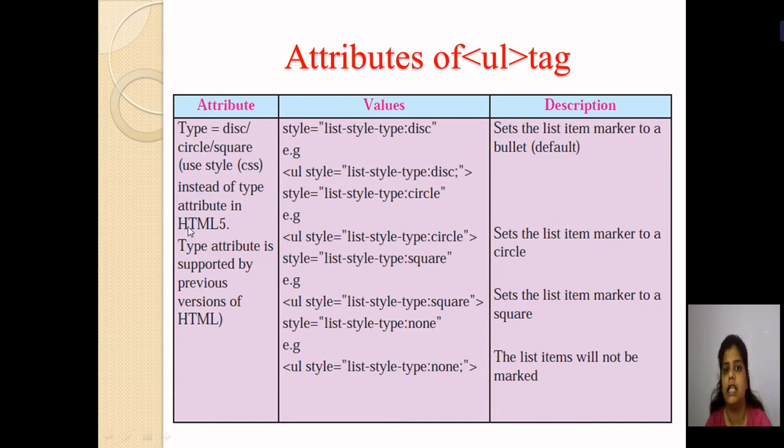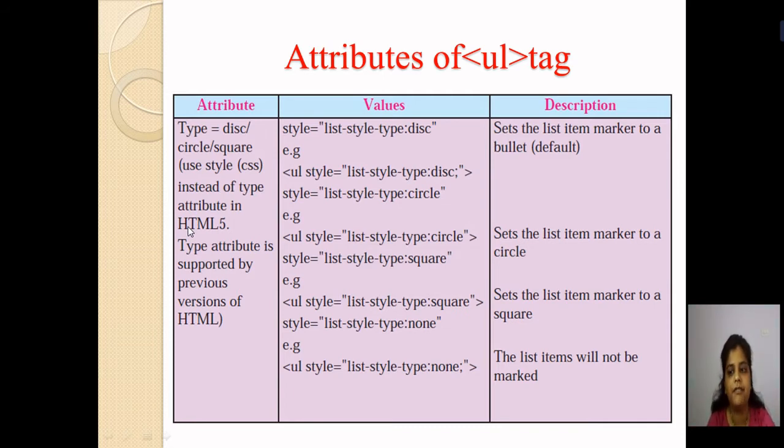In HTML5, instead of using the type attribute, we are going to mention it in style. In normal HTML what we used to do is write the ul tag, space, type is equal to square, meaning whatever the next list items are, they will be assigned the square symbol.